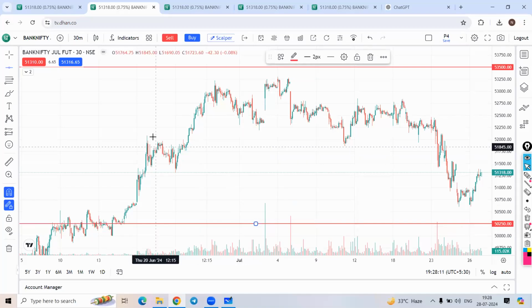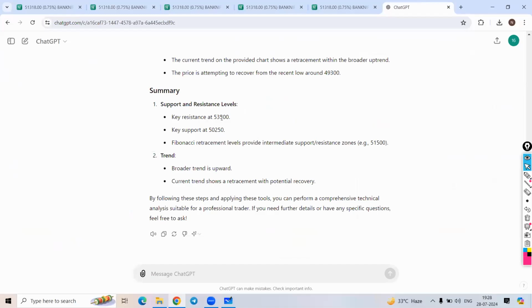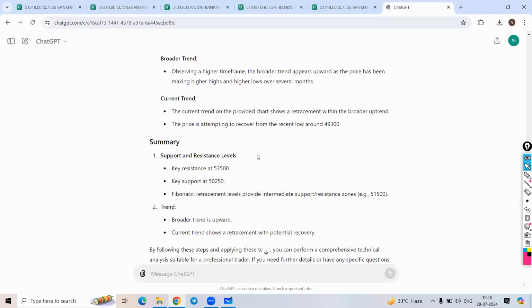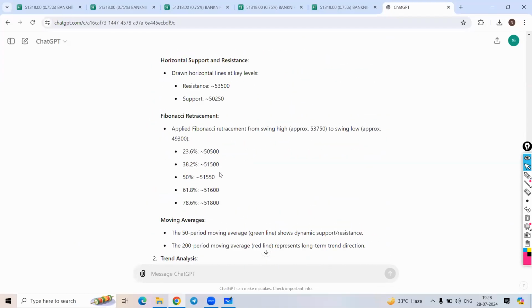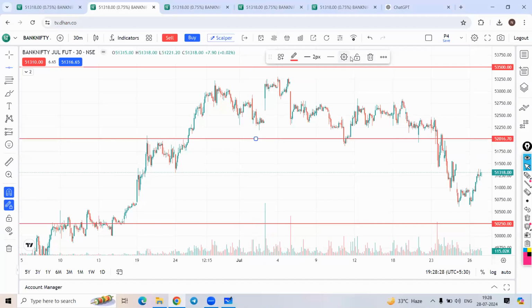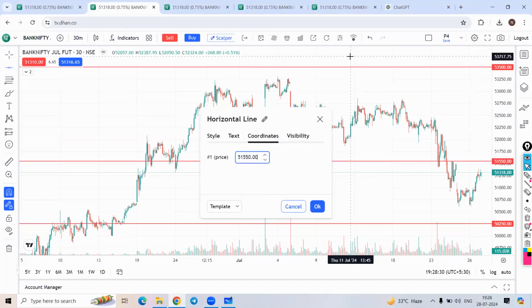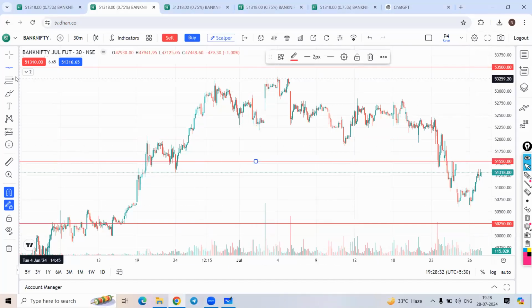So it's giving a very broad range. Okay, Fibonacci retracement levels are being shown here: 51,500, 51,550, 51,600. So we'll basically take it as 51,550. Fine enough. So these are the three levels given by ChatGPT.